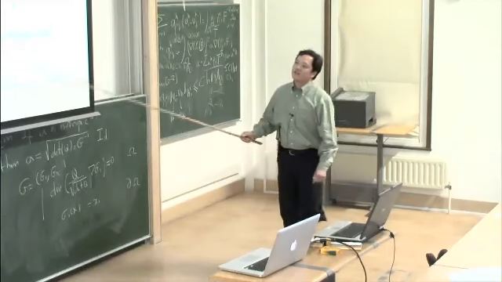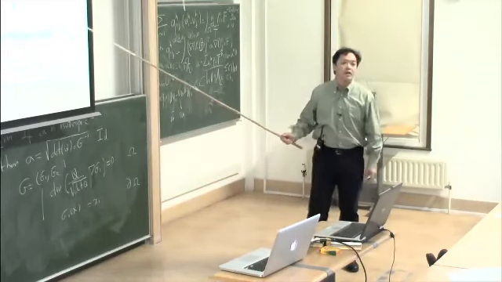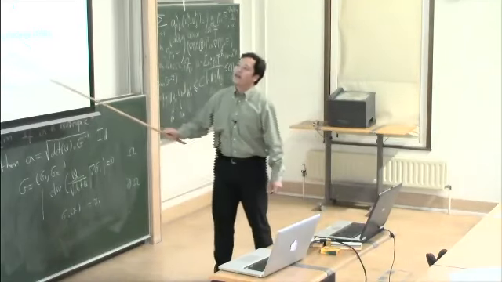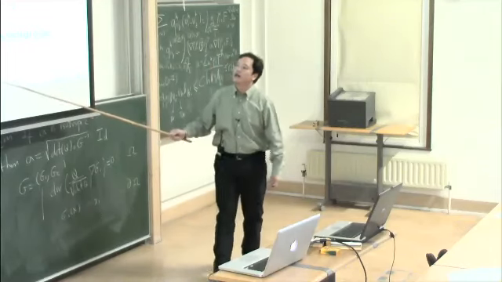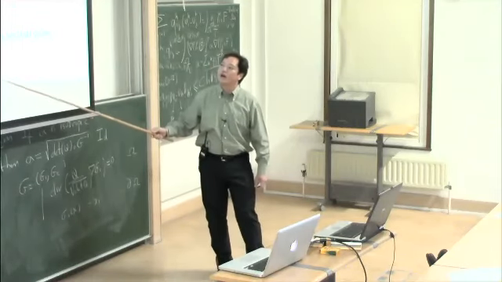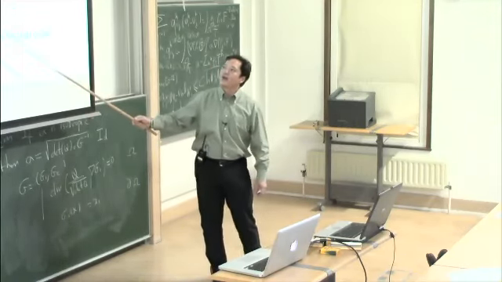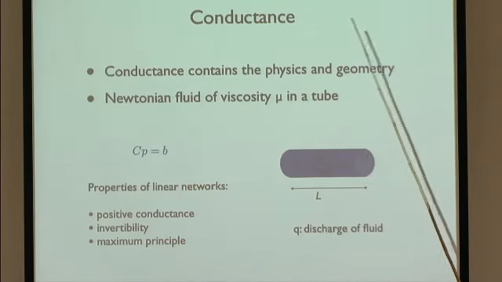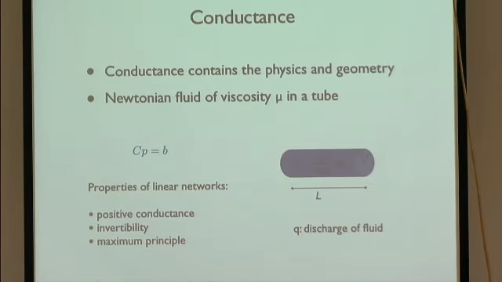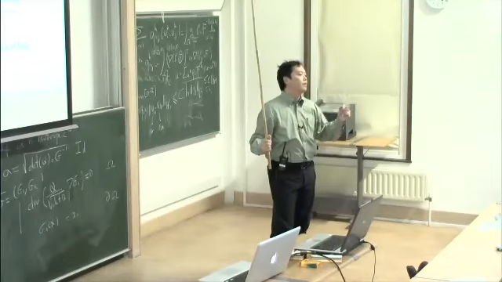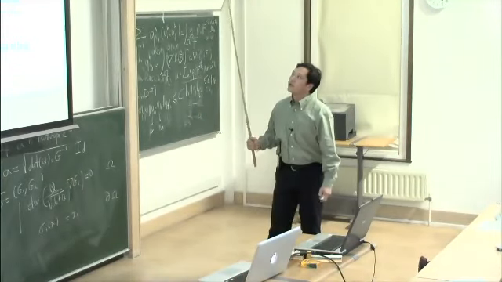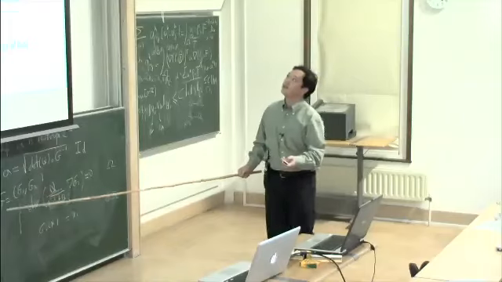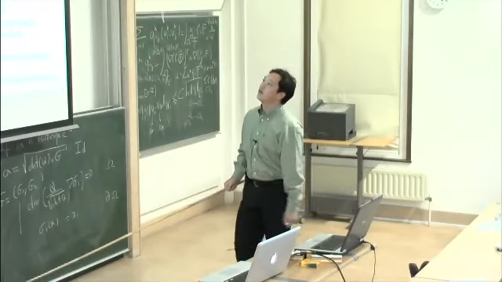And because of this conservation of mass that we wrote down in the previous slides, you can show that you can always invert this matrix, and there's a maximum principle, which says that the pressure values that you find on the nodes inside the network are going to be sandwiched by the boundary conditions that you put around the network. So these are the properties of the conductance and the network systems.